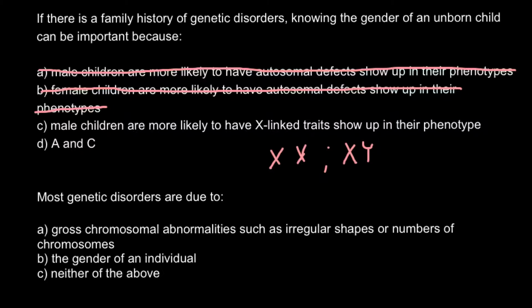Actually, it looks like this: two X chromosomes may look like this, and the male genotype would look like this, one large X chromosome and one small Y chromosome. Imagine that a female and a male each have a genetic disorder due to a point mutation in one gene.